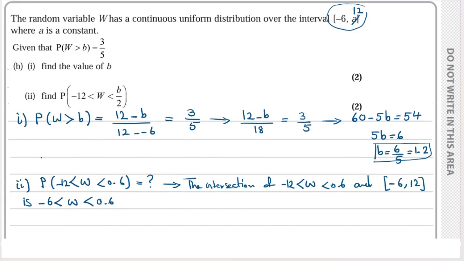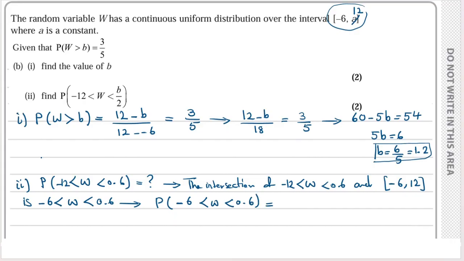So that means that the probability that we need to calculate is the probability of W being between -6 and 0.6.